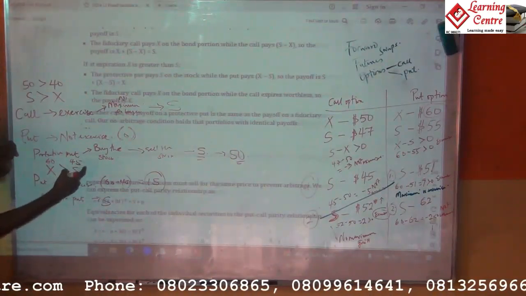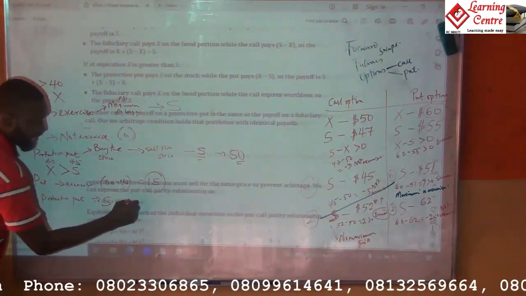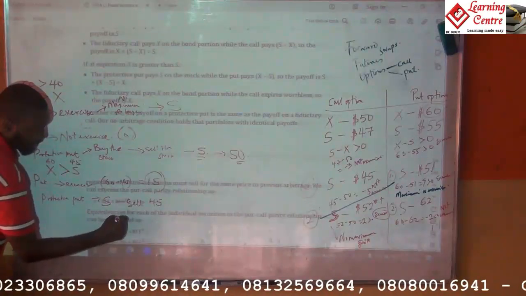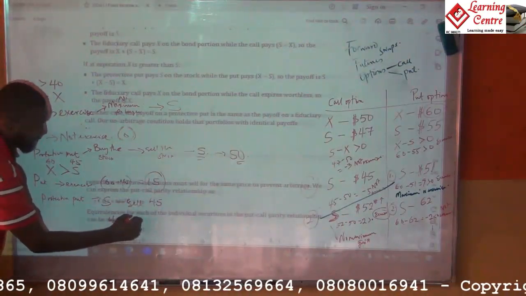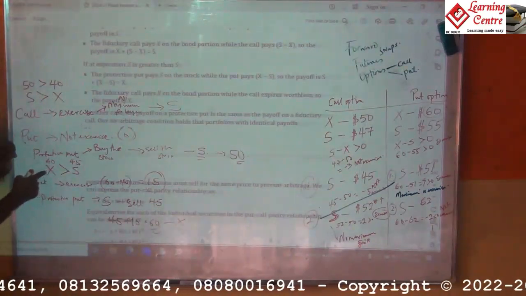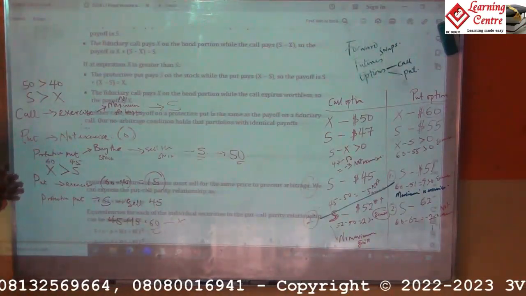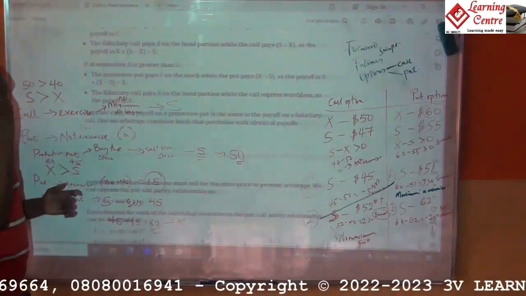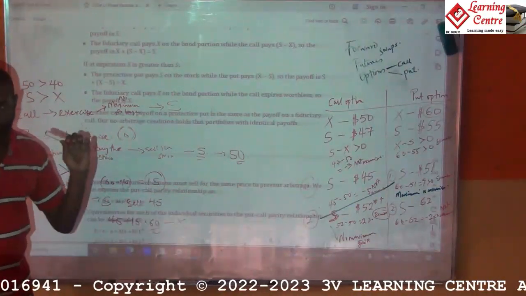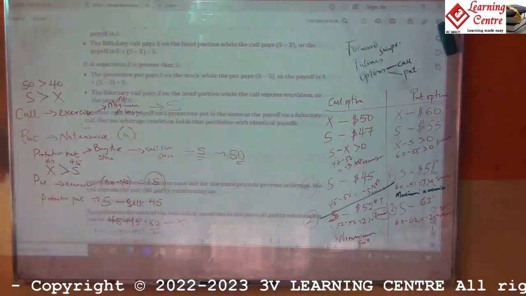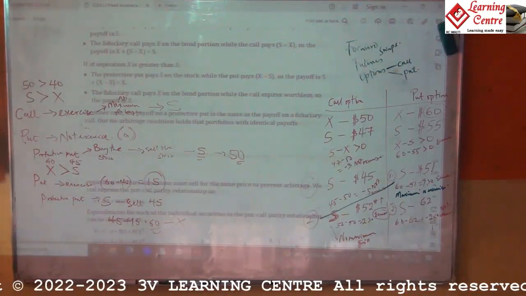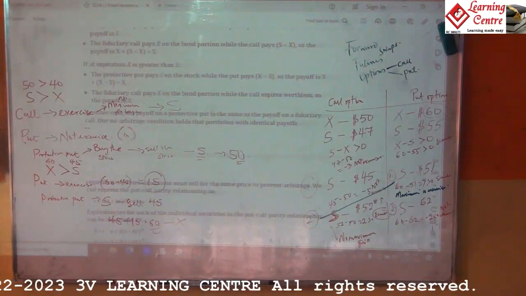I bought the stock at 45, so I will sell the stock at 45. So now I have 45 plus 15, which is what? 60, which takes me back to my first. So that's basically what it's saying. So for the put, your answer would either be S or X. It will be S when you are not exercising, and it will be X when you are exercising. As simple as that.